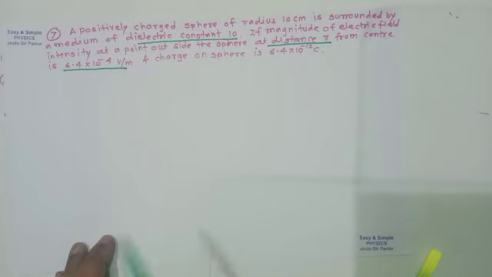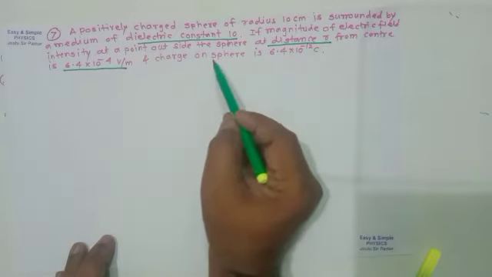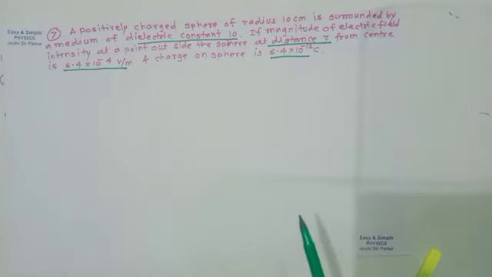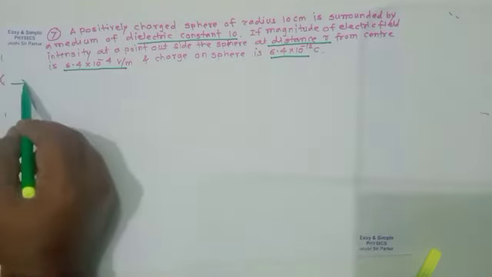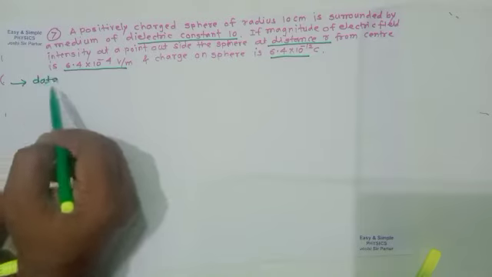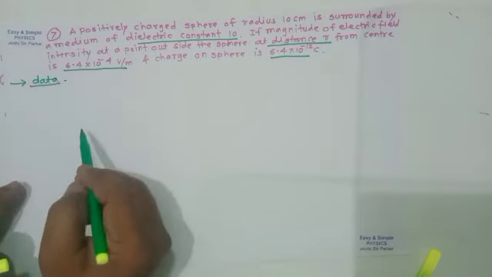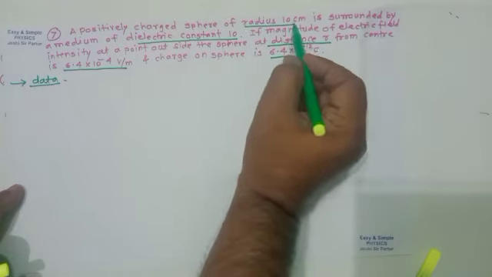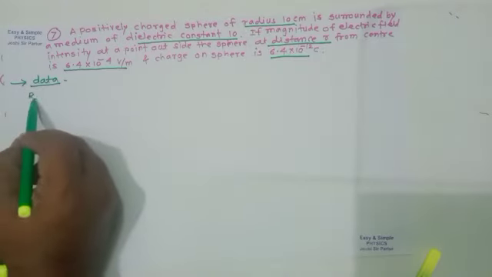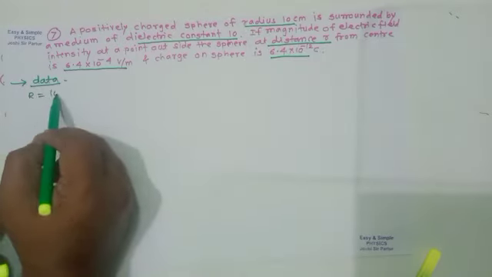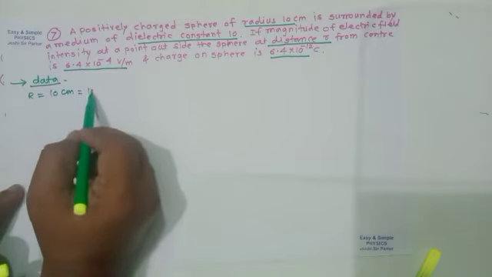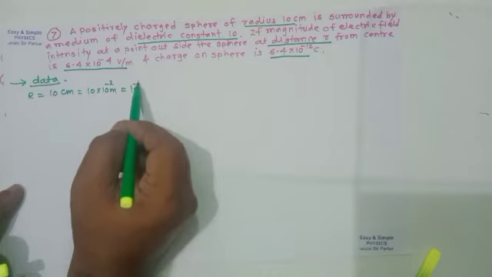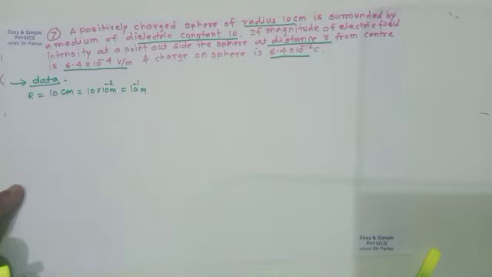The intensity is given, and the charge on the sphere is 6.4 into 10 raised to minus 12 Coulomb. So here we can write the data. First, the radius of the charged sphere is given, capital R equal to 10 centimeter, which means 10 into 10 raised to minus 2 meter, that is 10 raised to minus 1 meter.